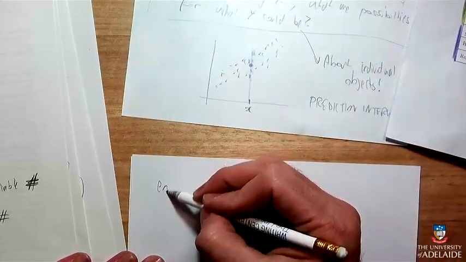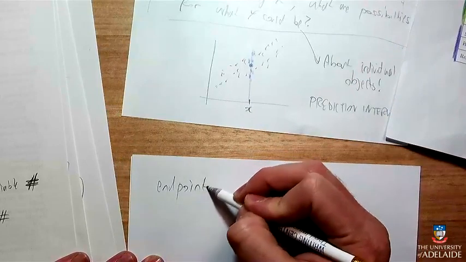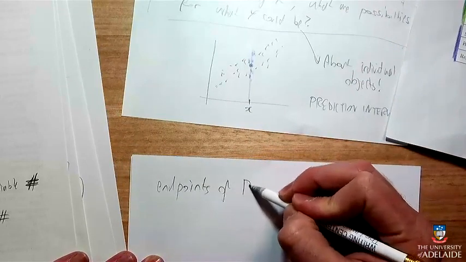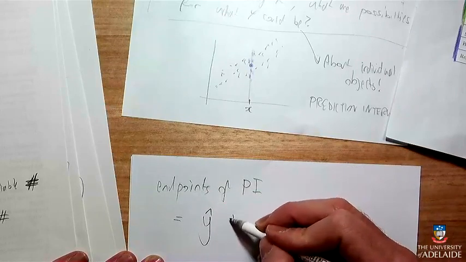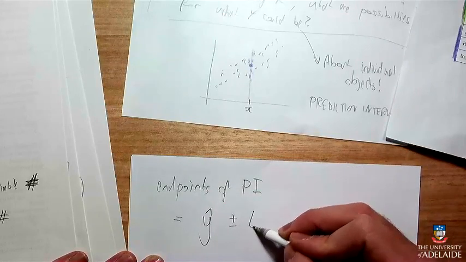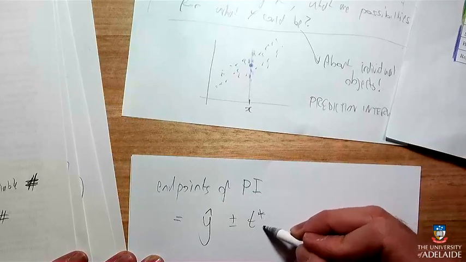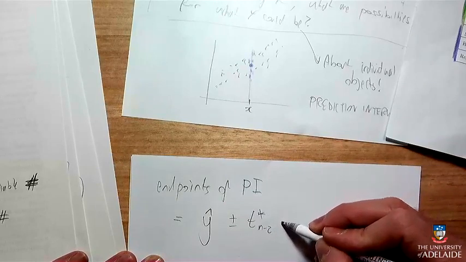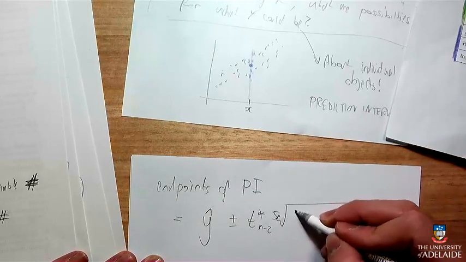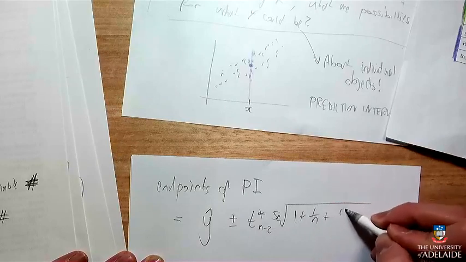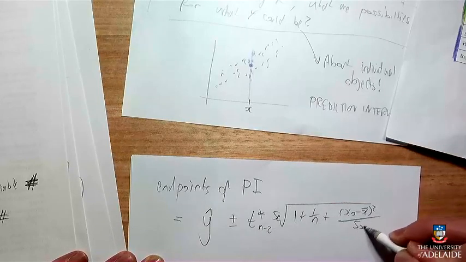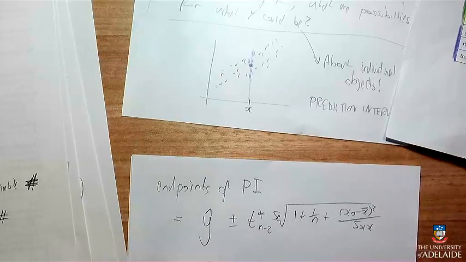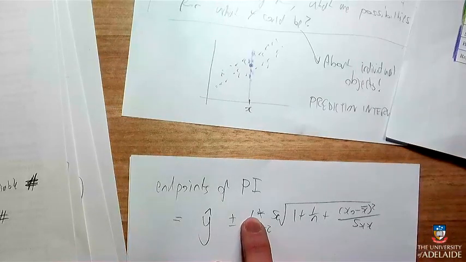So the endpoint of the prediction interval is t_{n-2}*, because it's the one I chose rather than the one that came from my data.